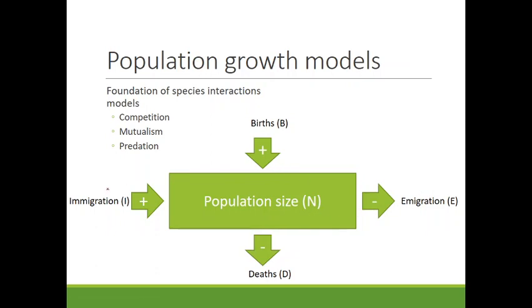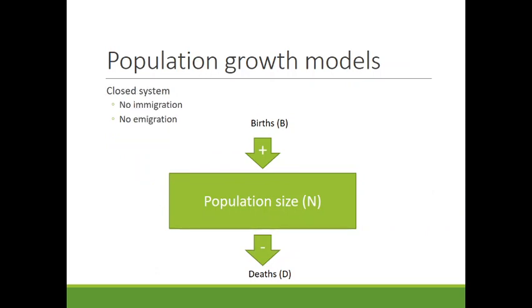But any one of these can change for any variety of reasons, making a change in the population size. Now, for the purposes of these models, we're going to make it a closed system where there's no immigration or emigration. Now, this isn't necessarily realistic, but it's what we're going to be doing for this.